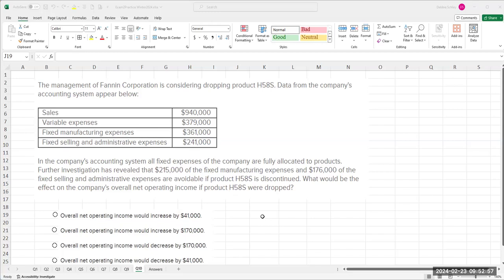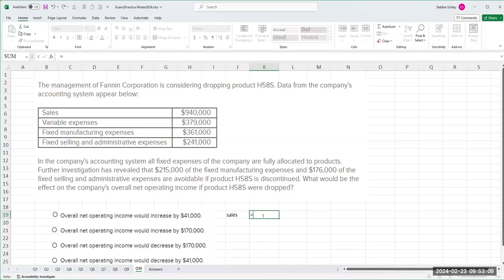So we're just going to look at what's relevant. So sales are relevant because if we drop the product line, we're not going to make these sales. So that's going to be a negative, right? Because it goes away, negative 940,000.